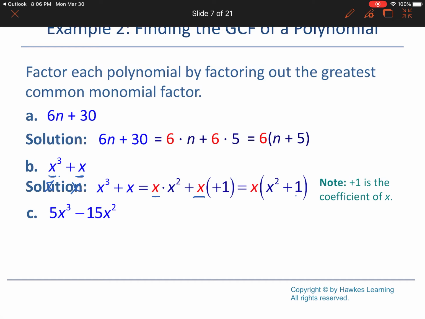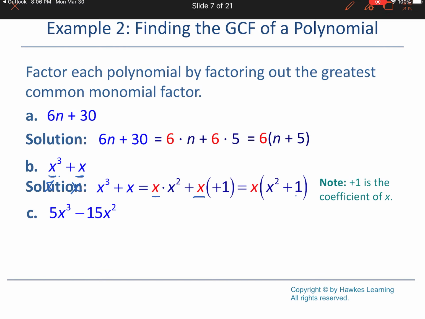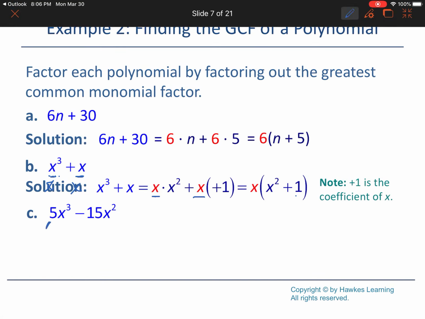Okay, hopefully you found it. The greatest common factor, I hope you all found, is going to be 5x squared. Since this is a 5 and 1, right? We're thinking about it as a 5, and this is a 5 and 3.